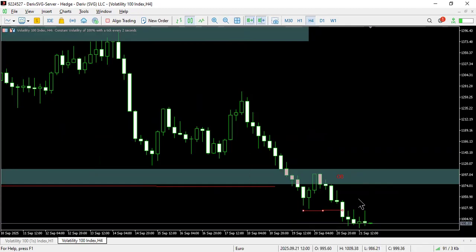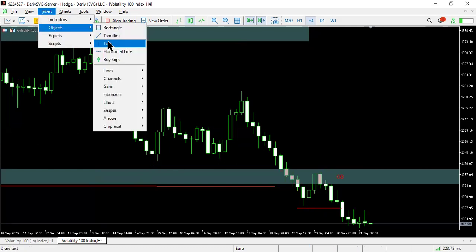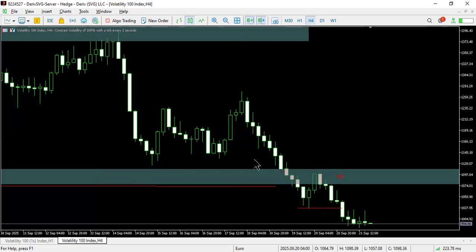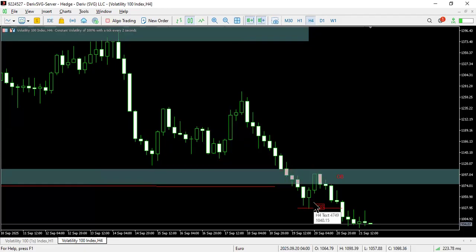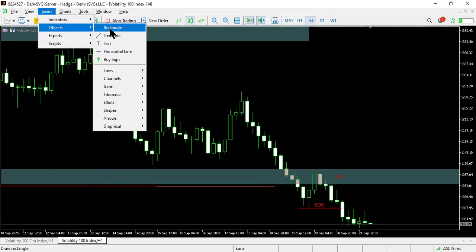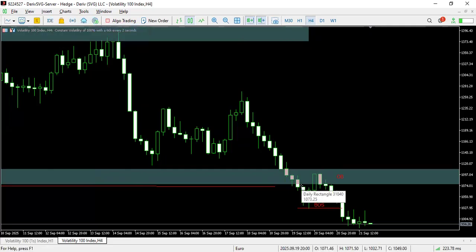So we have another break of structure right there. That is a break of structure, and then the order block which caused that break of structure is that one.